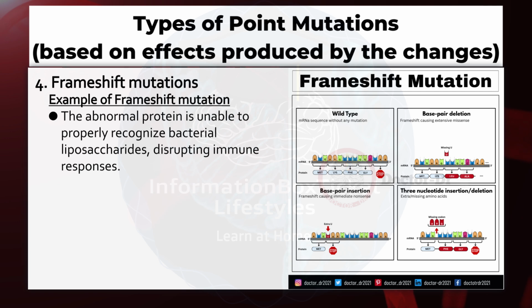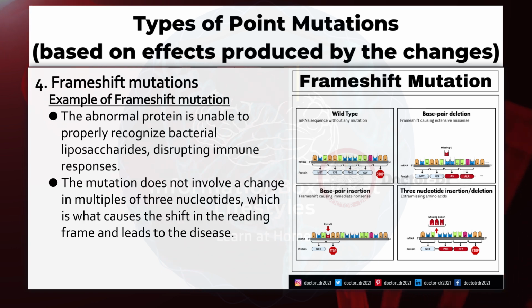The abnormal protein is unable to properly recognize bacterial lipopolysaccharides, disrupting immune responses. The mutation does not involve a change in multiples of 3 nucleotides, which is what causes the shift in the reading frame and leads to the disease.